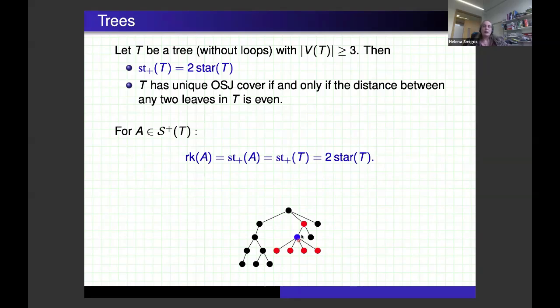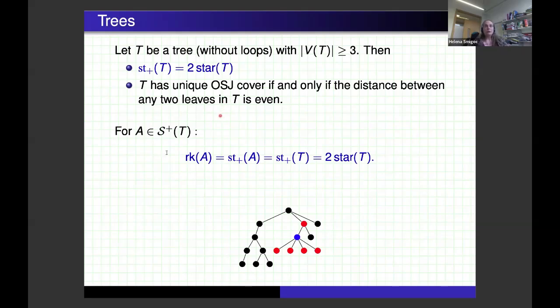And then you might as well, without loss of generality, toss all the neighborhood of that vertex in the component. And now we have covered all the edges in that star, and then proceed inductively. With a little bit more argument, we can decide the uniqueness here as well. T has a unique OCJ cover if and only if the distance between any two leaves in T is even. So we can decide when we have uniqueness.